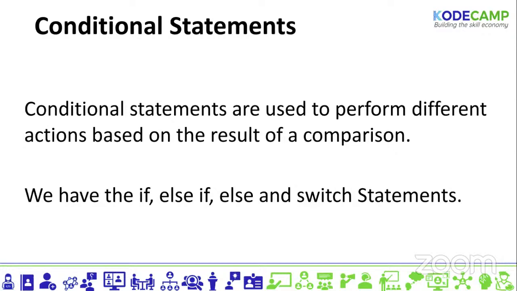So we can use these statements to actually execute a line of code if something is true or something is false. So let me show you how that works. So I'm going to talk about the if else switch statement. So let's continue.